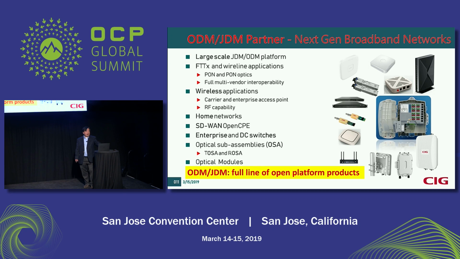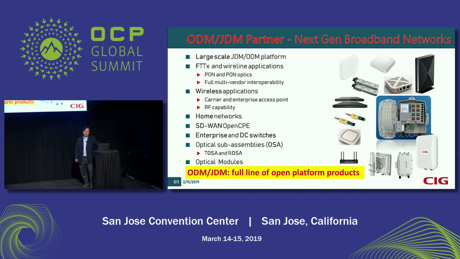We also have wireless application products like access points, and even 4G, 5G small cells. And then we have a whole suite of home network products, as well as SD-WAN and open CPE. And of course, we have enterprise and data center switches.